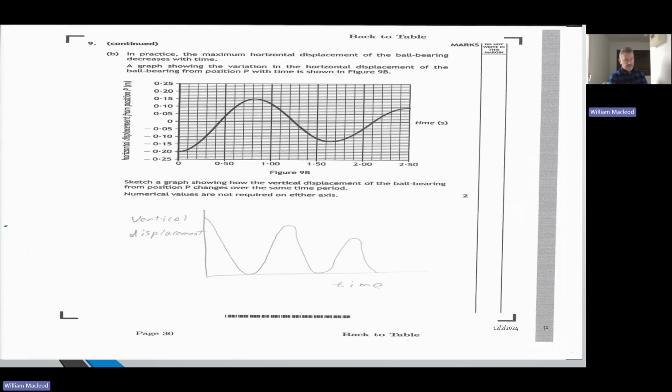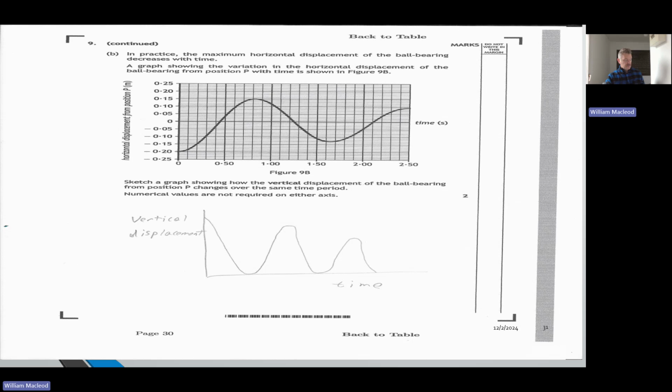Okay, next question. In practice, the maximum horizontal displacement of the ball bearing decreases with time. A graph showing the variation of horizontal displacement of the ball bearing from position P with time is shown. So you've got it there.